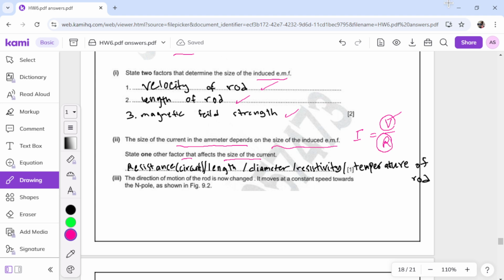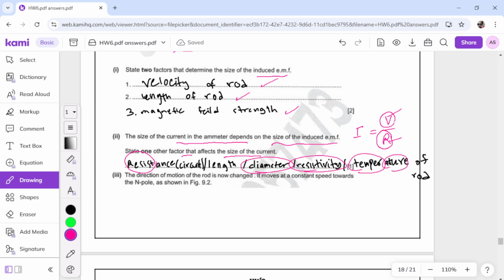So you can write resistance, or you can write length, because resistance depends on length, cross-section area, type of material and temperature. You can add any of these. All are correct. You have to write only one because this question has one mark only.